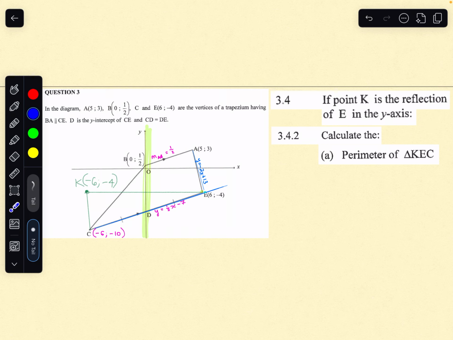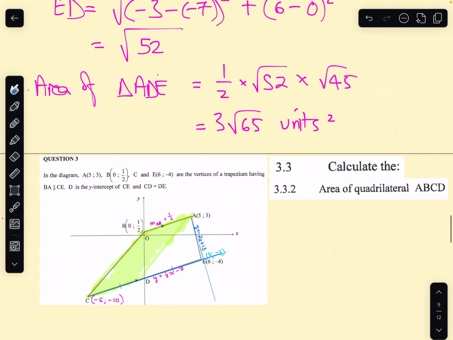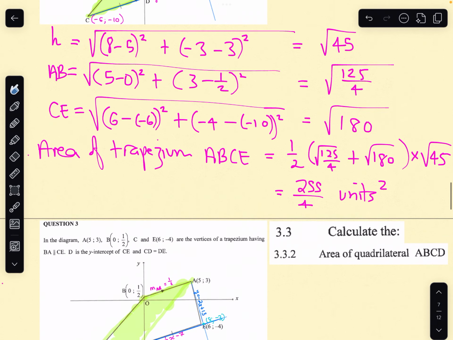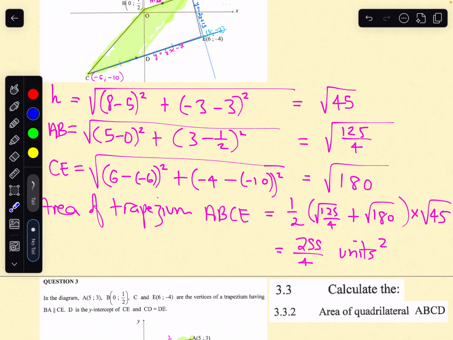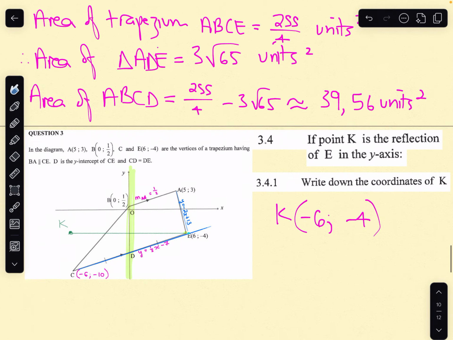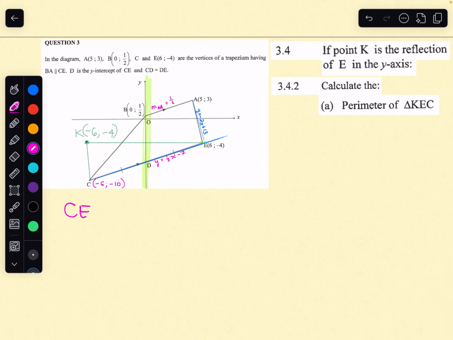The only one we're going to need to use the distance formula for is this one. This is the only one that's actually slanted. We worked out this distance over here, CE. Lucky us. So we know that the length CE is square root of 180.